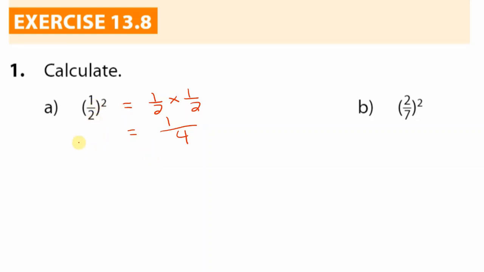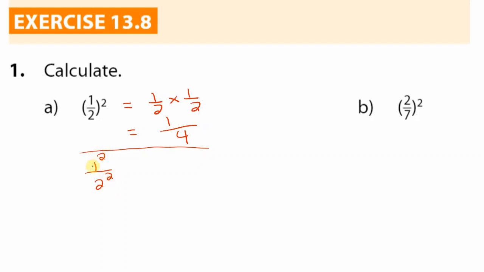Another way that we could approach this is to say whenever we see a fraction that is squared, we are allowed to separate. So we could say alternatively that this is the same as 1 squared over 2 squared. So we simply separate them, the fraction parts, into whole parts.